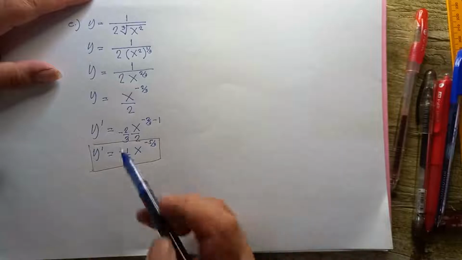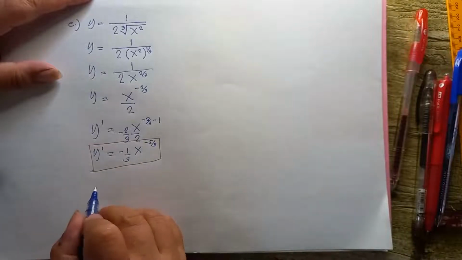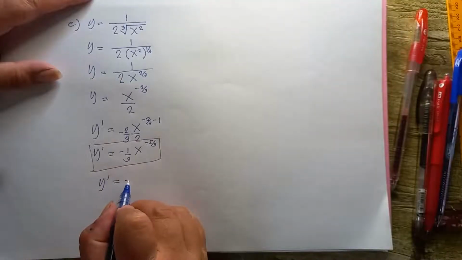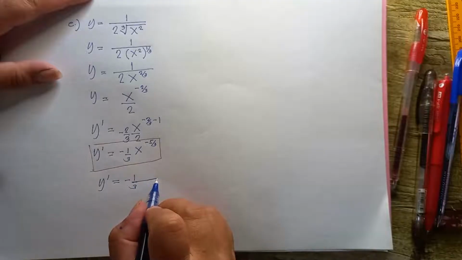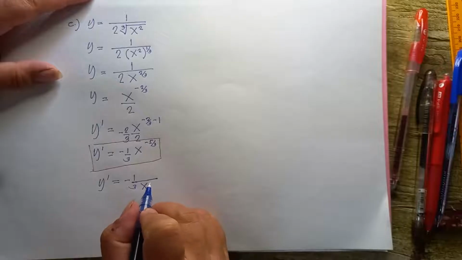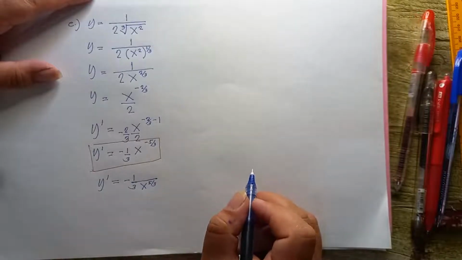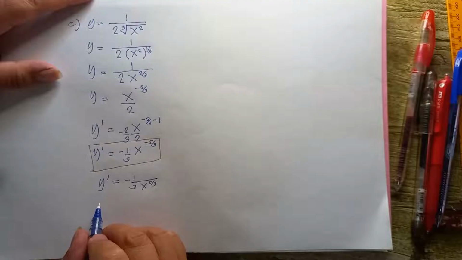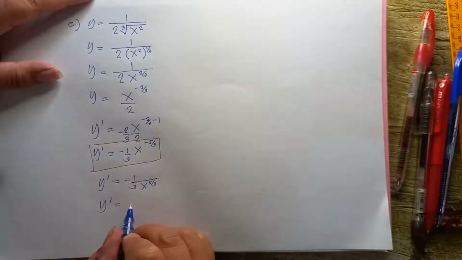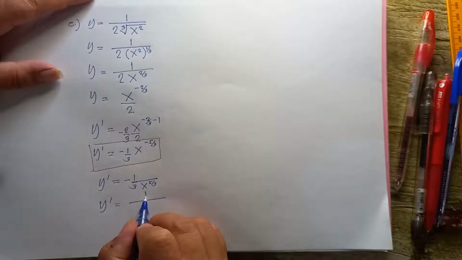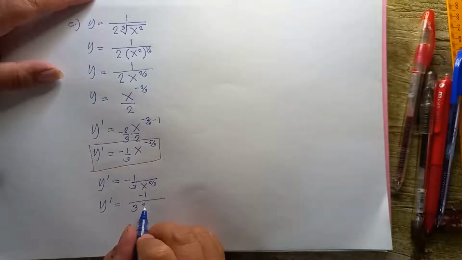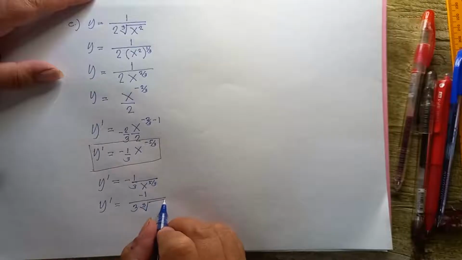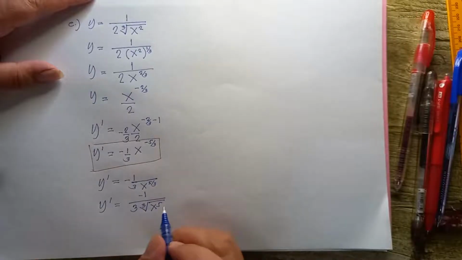But we have to see to it that this must be positive. So we can have now y prime equal to negative 1/3 x raised to 5 over 3, or that can be written as y prime is the same as negative 1 over 3 the cube root of x raised to 5.